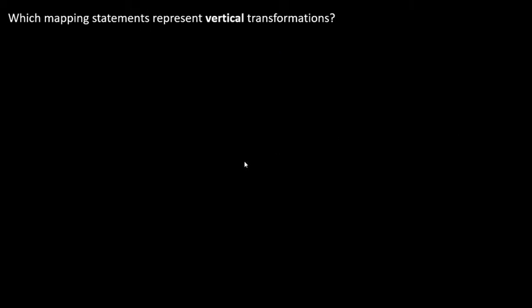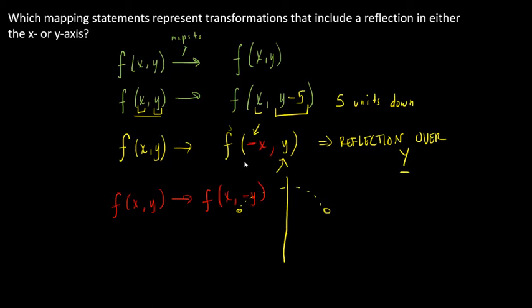So let's go back to our page and look at our answer options. If we're just looking at f of x, let me clear up a little space here. Something like f of x maps to negative f of x minus 2 would be an example of a reflection, okay?